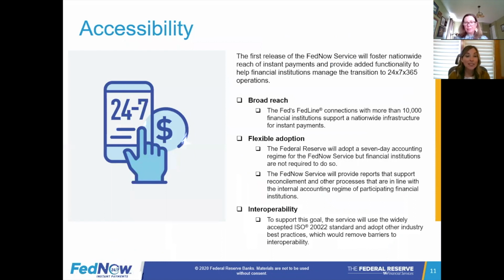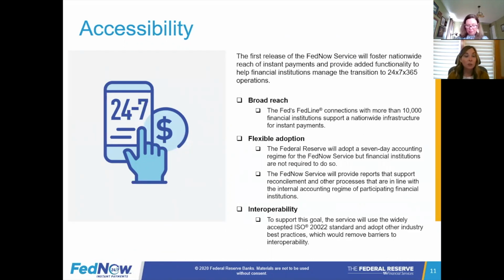Okay, we'll start with accessibility. This first release of the FedNow service will foster nationwide reach of instant payments and provide added functionality to help financial institutions manage that transition to 24/7 by 365 operations.